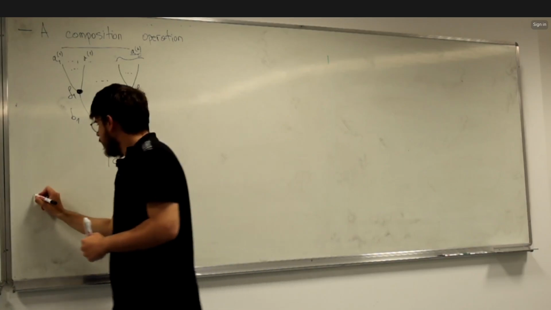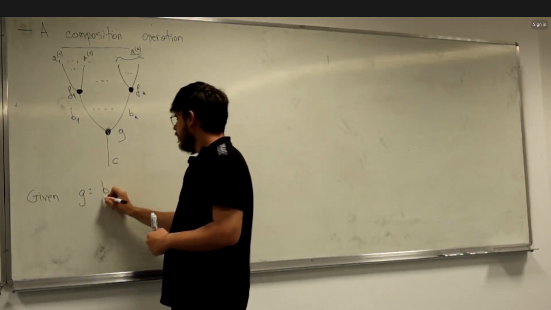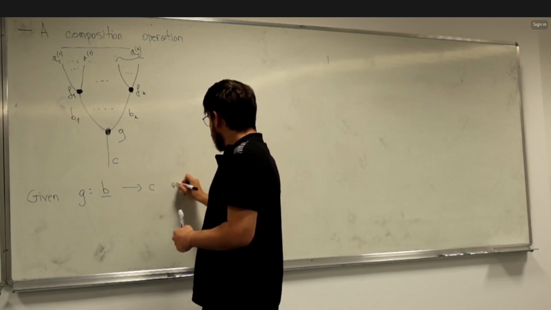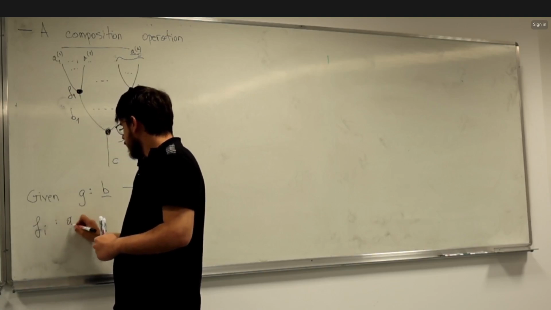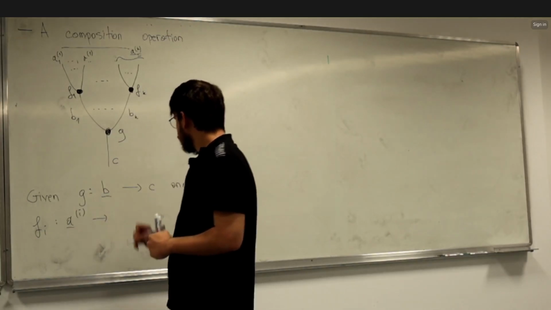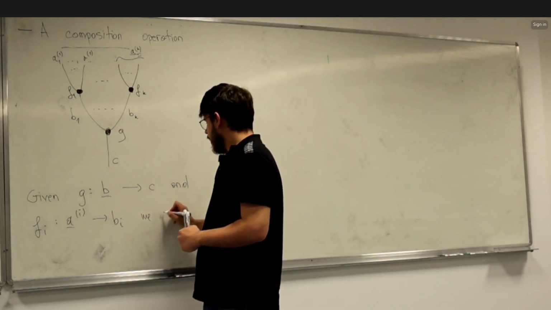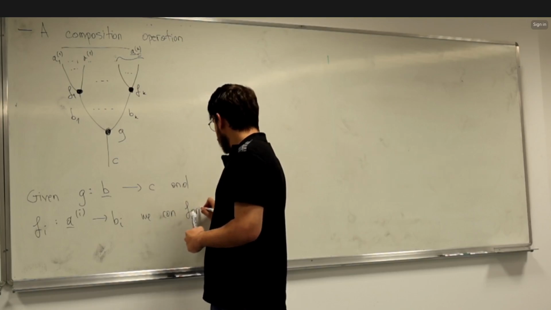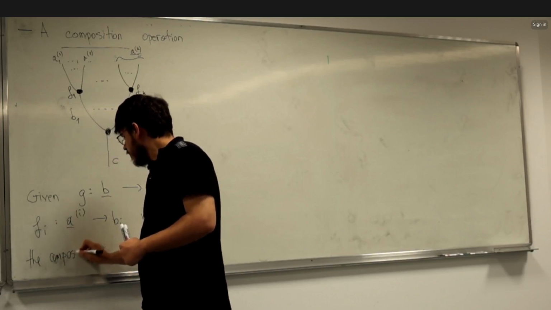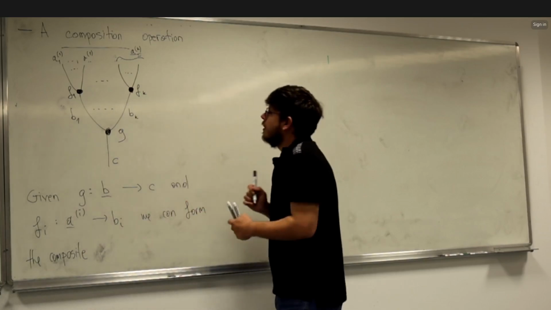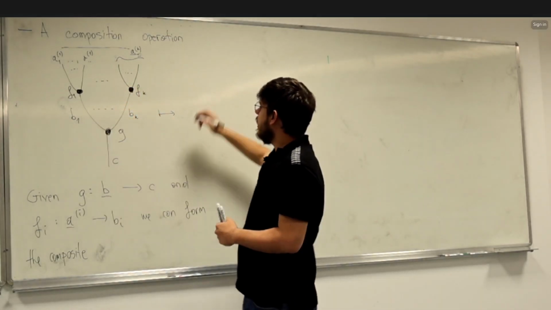So given G from sequence B to C, and given Fi's from sequence Ai to Bi, we can form the composite. What's the composite going to look like when we squeeze the mid-level?